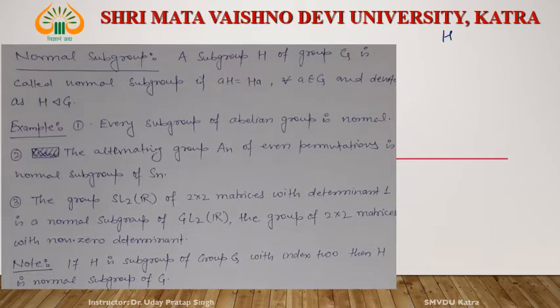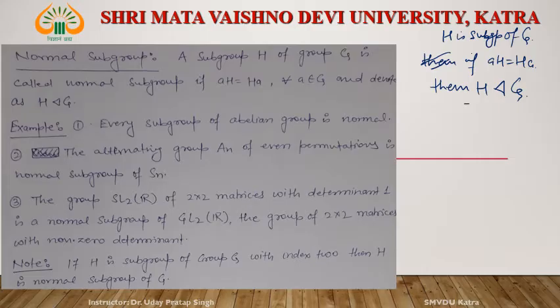H is a subgroup of G. Then if aH is equal to Ha, if both are equal, then H is a normal subgroup of G. This is the notation of the normal subgroup.